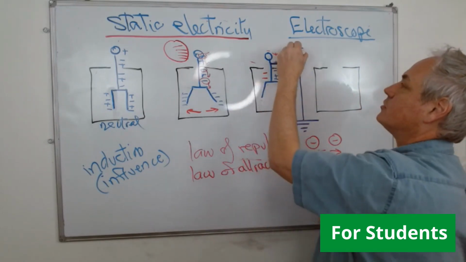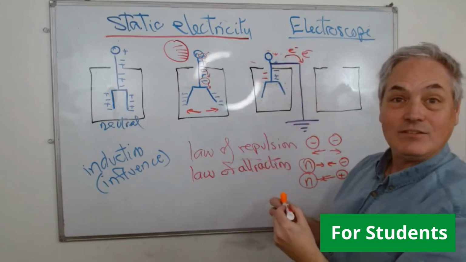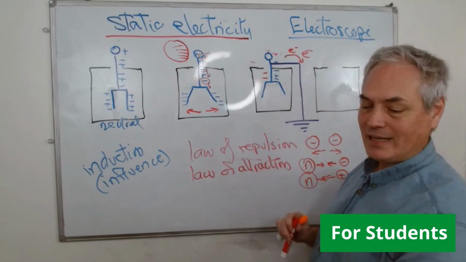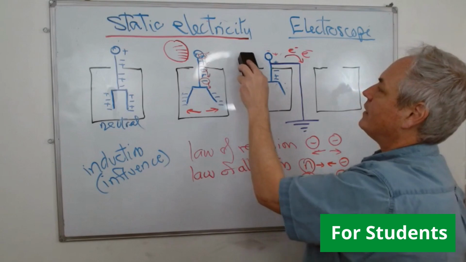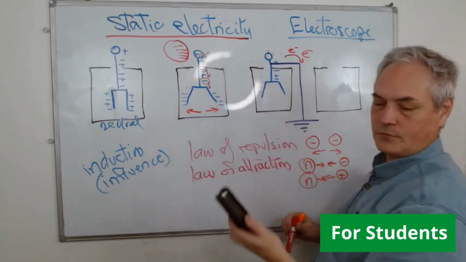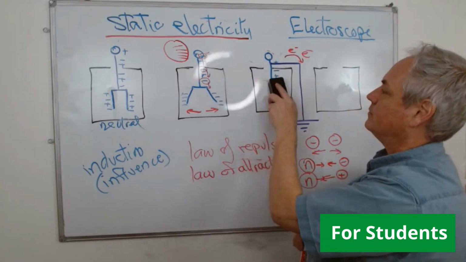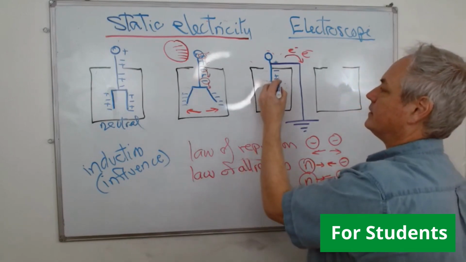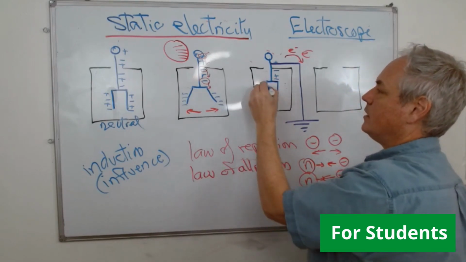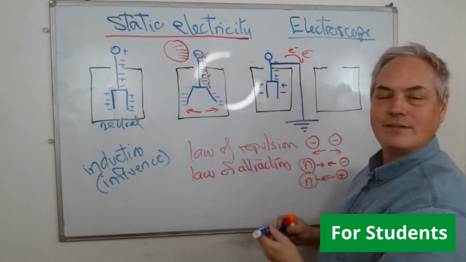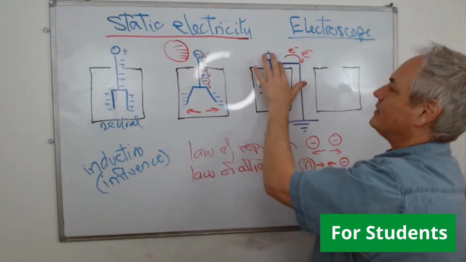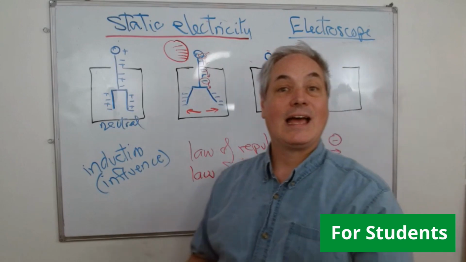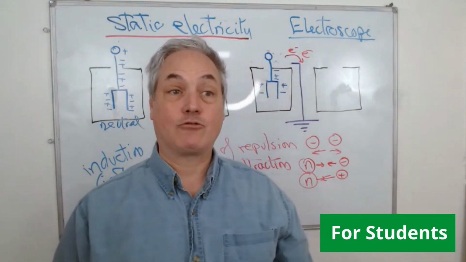So the electrons will leave the electroscope, and by leaving, you end up with an electroscope that is now back to neutral, like this, with the same number of positive and negative. And now if I take away the ground, I have a neutral electroscope again.